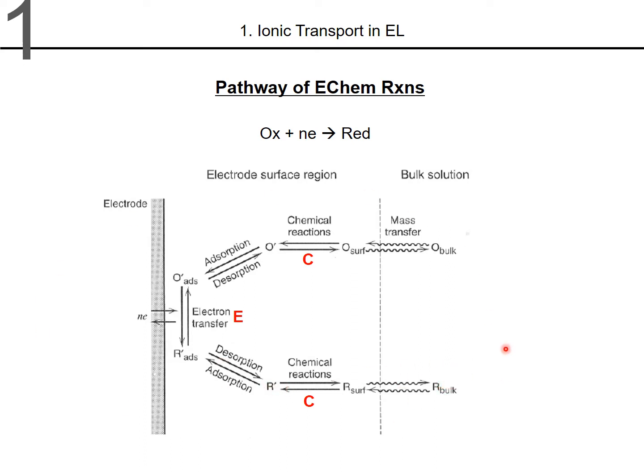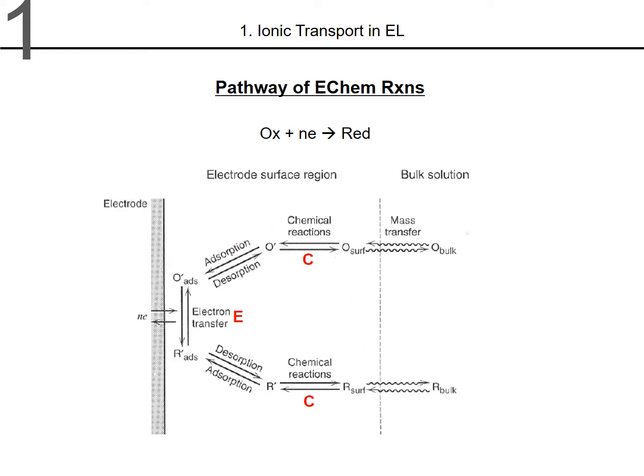That is the overall pathway, and electrodics is about the charge transfer or capacitive processes around the electrode surface. However, for ionics, we will study the charge carrier movement in the bulk solution into the surface region of the electrode.